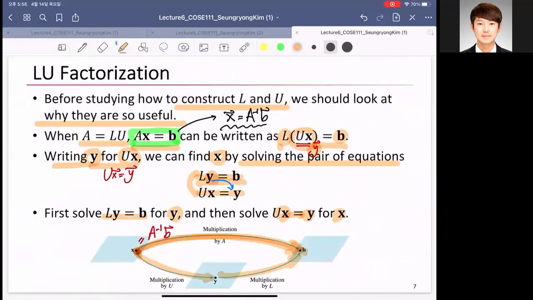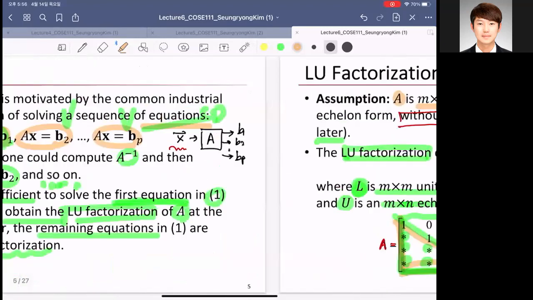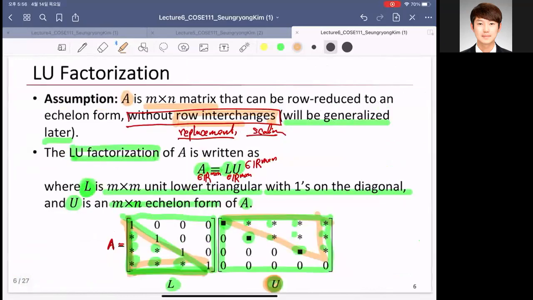Question. LU는 다이고널 엔트리를 1로 만들지 않기 때문에. The question was, okay. So before that, in LU factorization, we have to make this diagonal term 1 in the L matrix. Okay? Right.